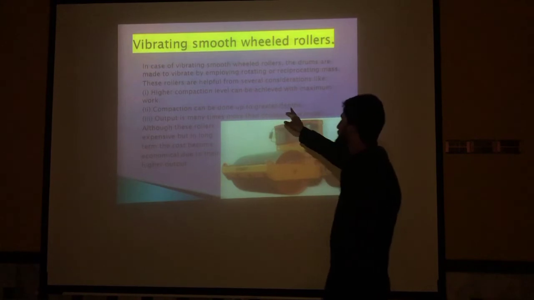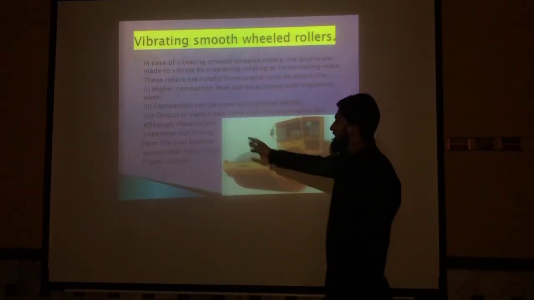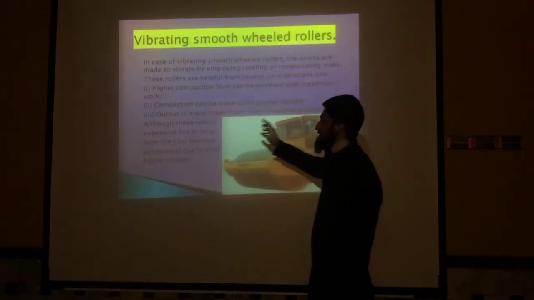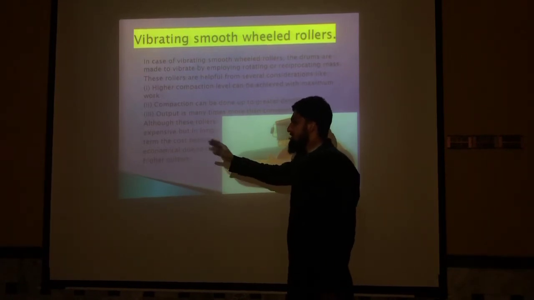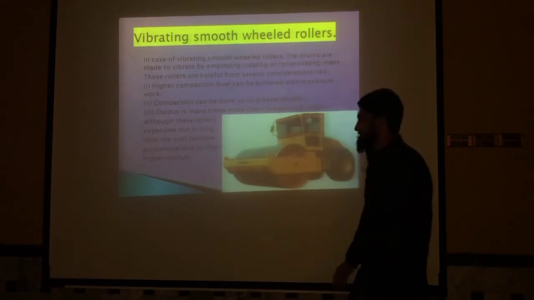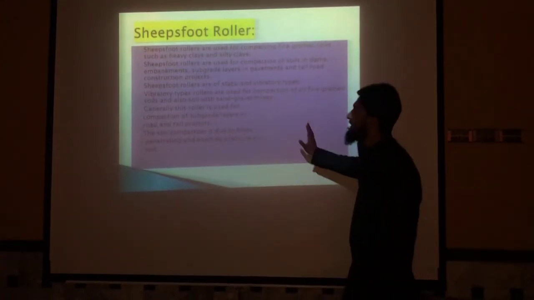Compaction can be done up to greater depths, many times more than the conventional rollers. Although these rollers are expensive, in the long term the cost becomes economical due to the higher output.